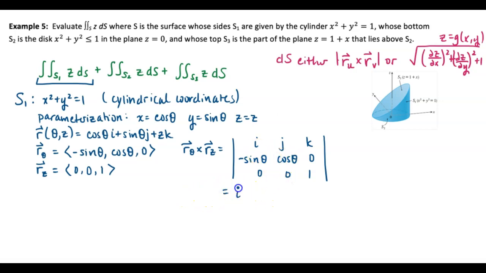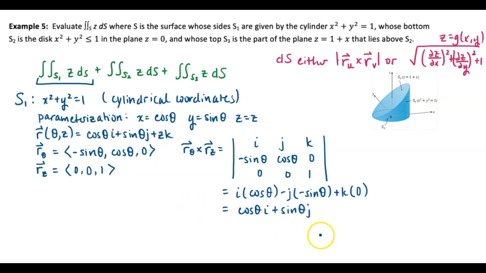This is going to give us an i component of cosine of theta minus 0, minus a j component of negative sine of theta, plus a k component of 0 minus 0. And so this will just give us cosine of theta i plus sine of theta j.